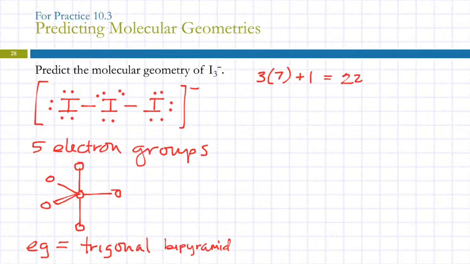There are 3 lone pairs, right? Where should we put those lone pairs? Around the equator. We're going to put them around the middle because they have more space there. So this is a lone pair, this is a lone pair, and that's a lone pair.